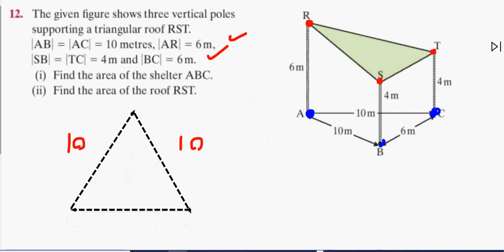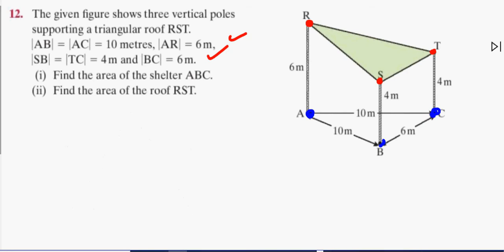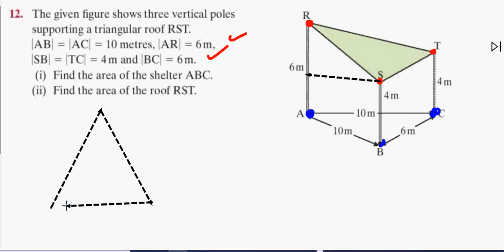Anybody have any suggestions? I'm going to have to construct something here, so does anybody have any suggestions what I might do? You say S to T is still 6 meters? Yes. S to T is still 6 meters. Alright, so what we have is the triangle RST, agreed? And you currently know that S to T is 6 meters.